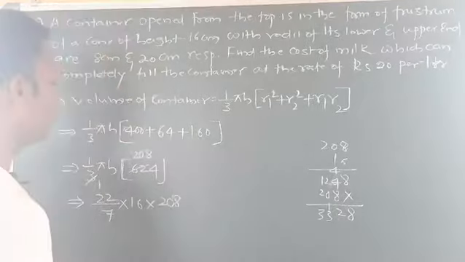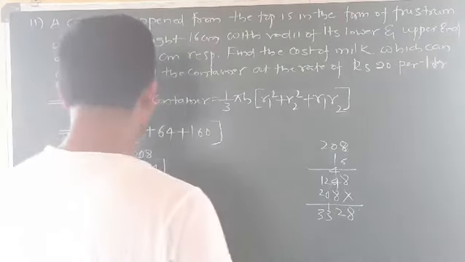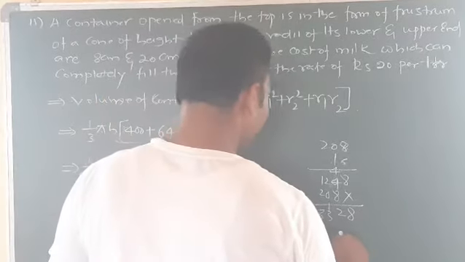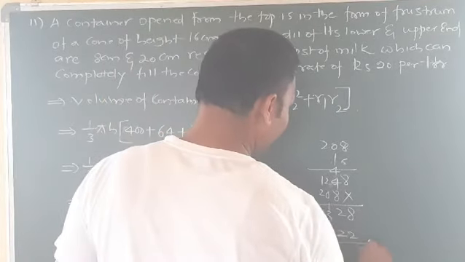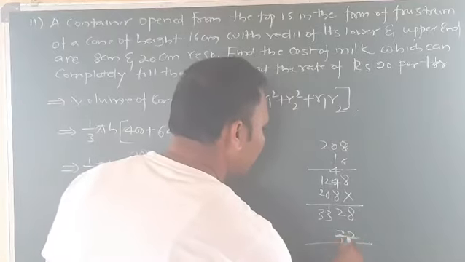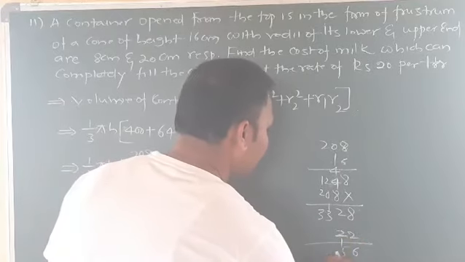Now 3328, and next we have into 22. 2 eights are 16, 1 carry. 2 twos are 4 plus 1 is 5, 2 threes are 6, 2 threes are again 6.